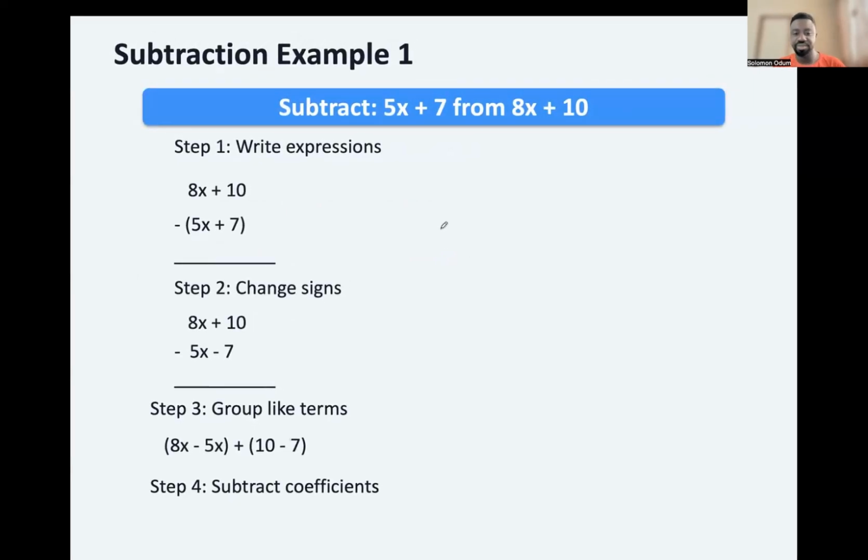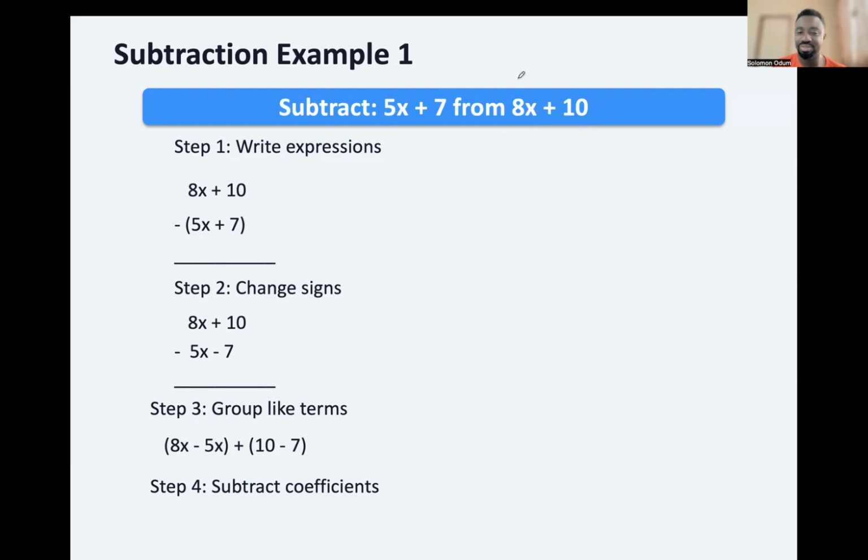Next example: subtract 5x plus 7 from 8x plus 10. So we have 8x plus 10 first, and then the 5x plus 7.